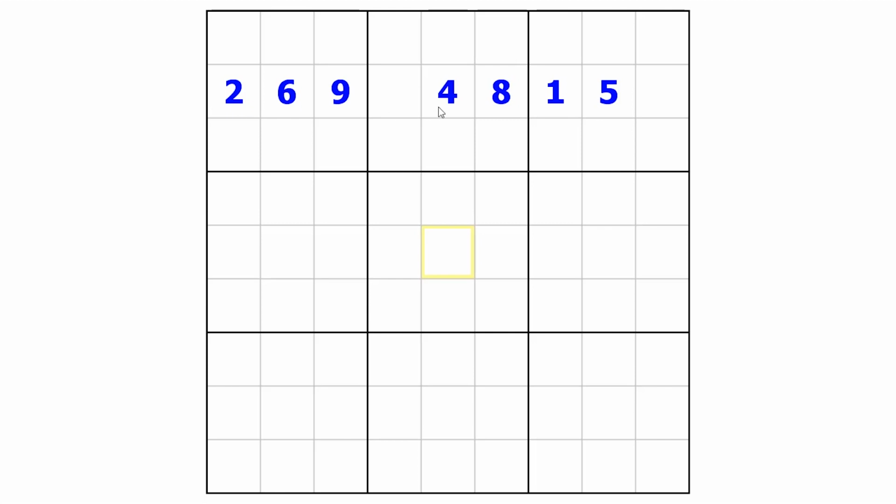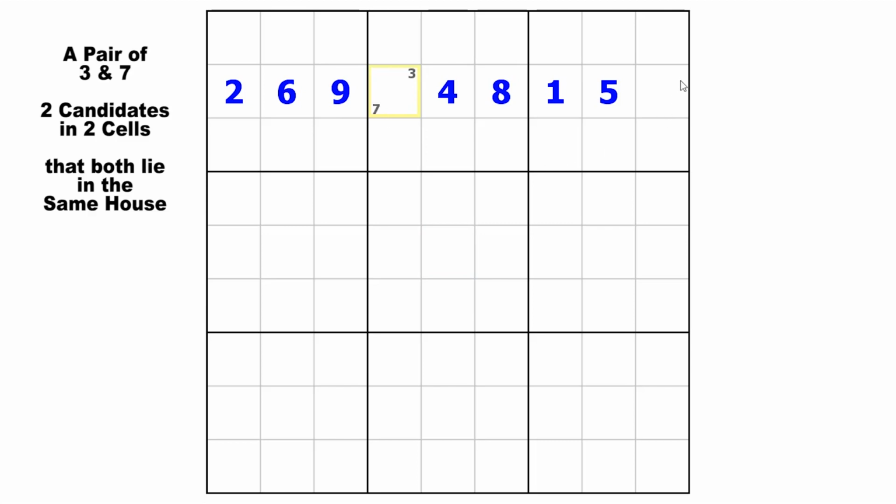So we have 1, 2, 4, 5, 6, 8, and 9. So what's missing? The 3 and the 7. So these two cells must be solved for 3 and 7, and that's a pair. That's a subset of 2. So even though we don't know which is which yet, we know that one of those two cells must be a 3 and the other one must be a 7. Two candidates in two cells.